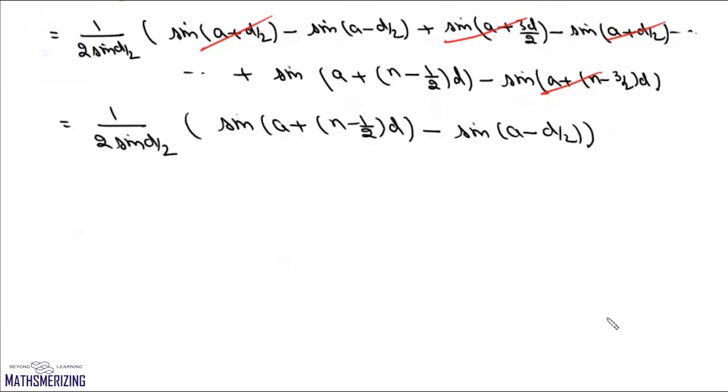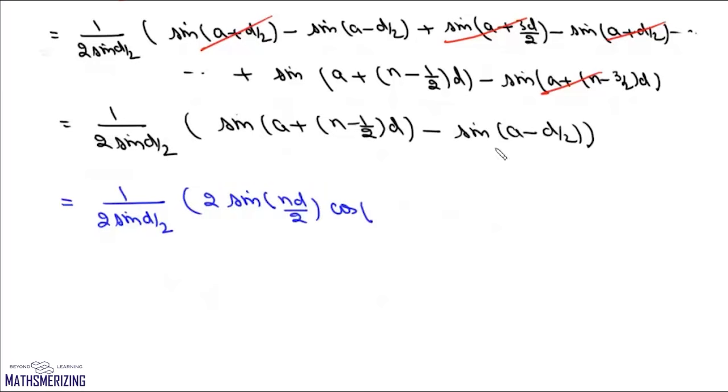We'll get this as 1 upon 2 sin(D/2), and here it will be 2 sin of (C−D)/2. So here A − D/2 will cancel, and we'll get nd/2 into cos of (C+D)/2, so we'll get this as (A + (n−1)D)/2 inside the cosine.